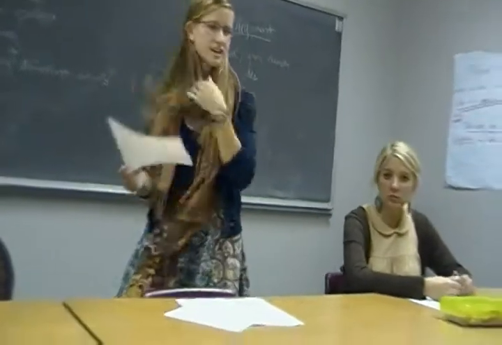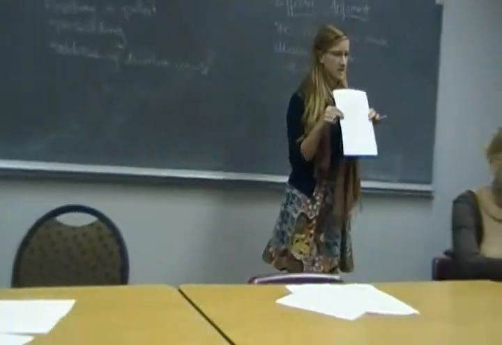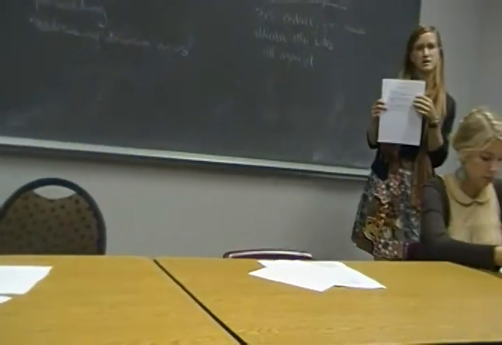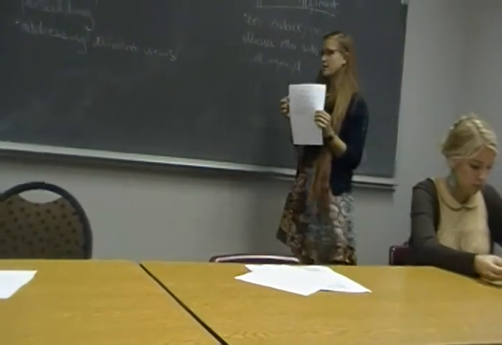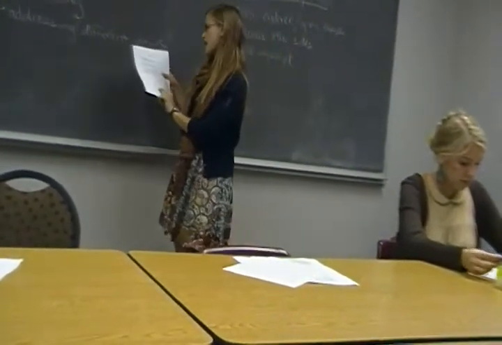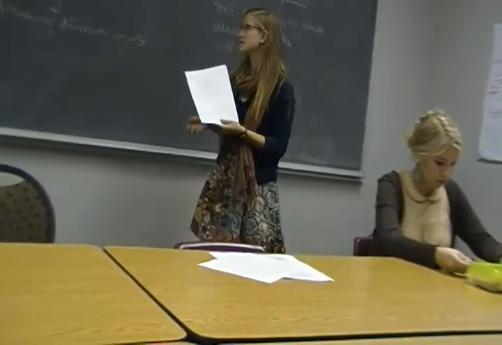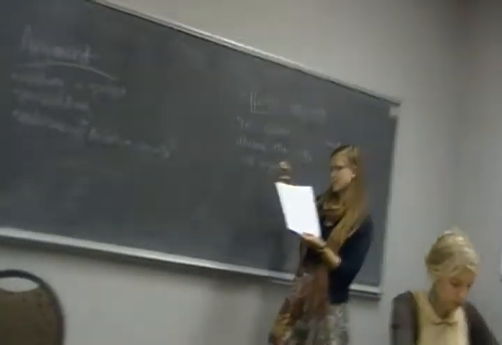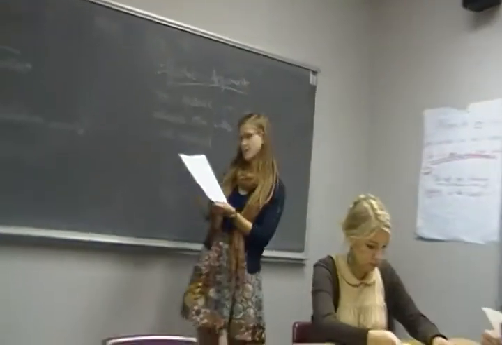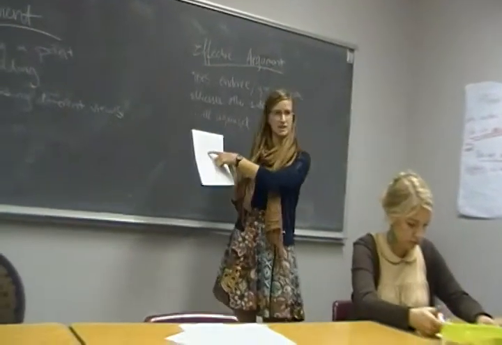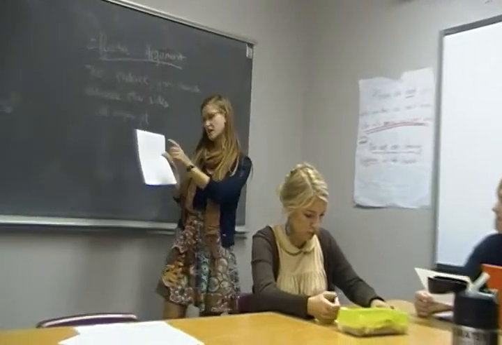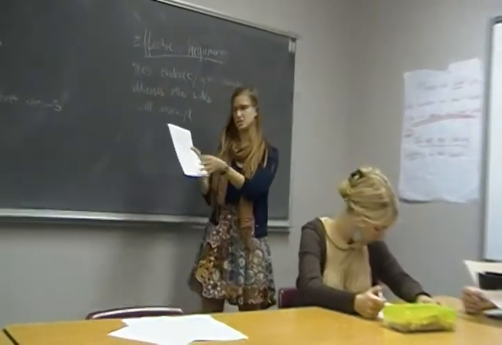So here, this list isn't by any means complete, but it's something we can start with. It's broken down into three categories. An effective argument is if it is logical, if there's credibility to the argument, and if there's passion to it.